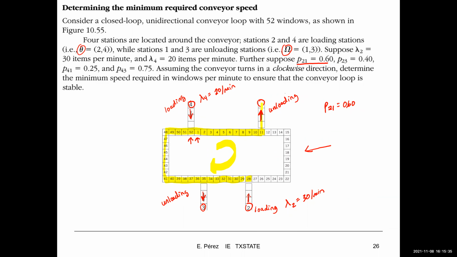That is what P21 means: a 60% chance that you're gonna go in that direction and be unloaded in station 1.